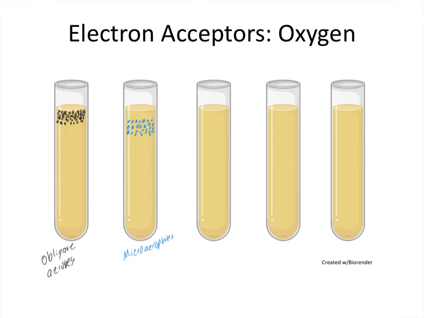Our third category of microbes are facultative aerobes. These are organisms that typically prefer to use oxygen to make ATP if it is available, but they can make ATP without oxygen. So they will grow best at the top here.